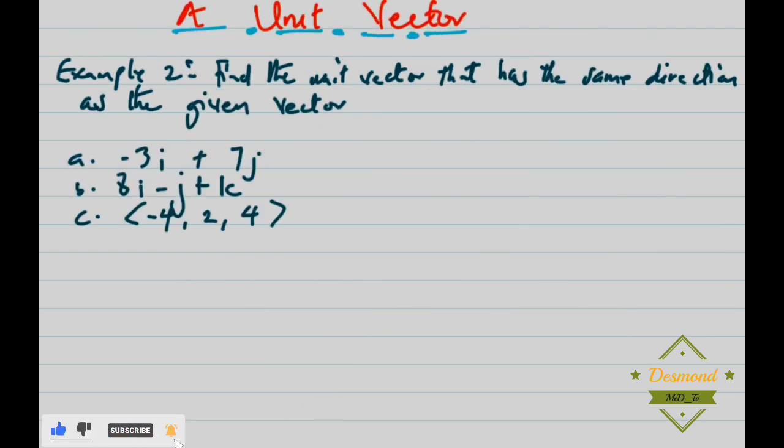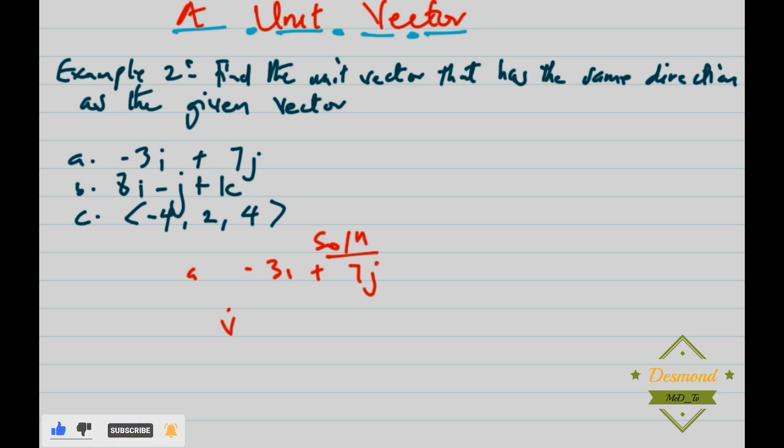So example 2: find a unit vector that has the same direction as the given vector. We have 3 questions here that we need to do. You can also pause this video and try to do it on your own. It's very, very simple. So let's do the first one. We have the vector negative 3i plus 7j. And how do we find the unit vector?